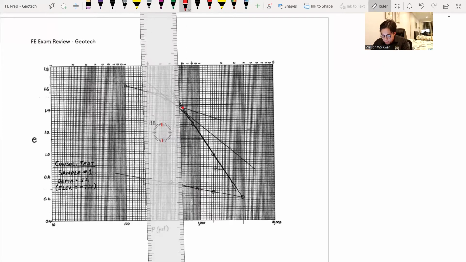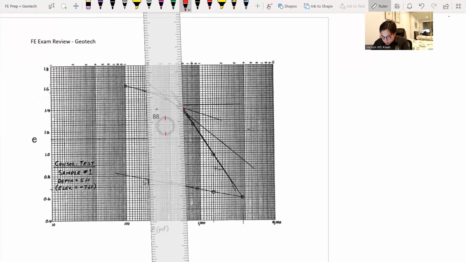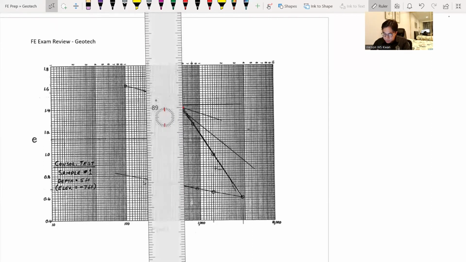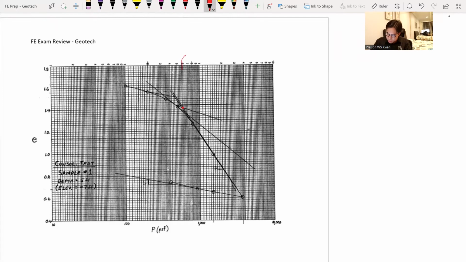And if we go from there, we read from this log scale right there, which is this particular point. So this is my maximum past pressure, P sub C.